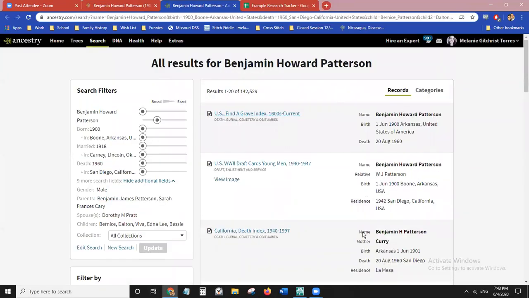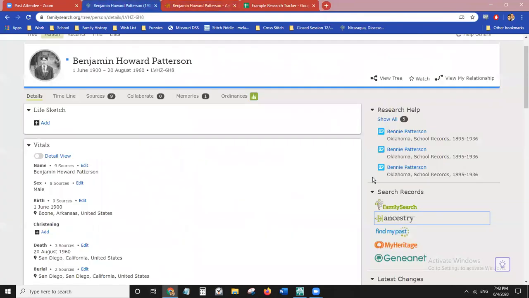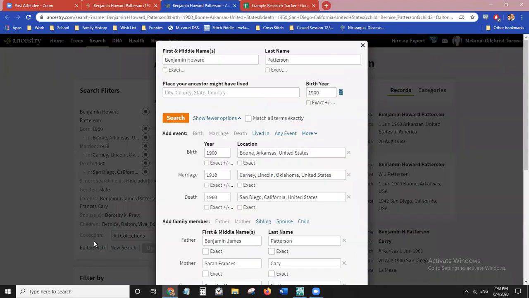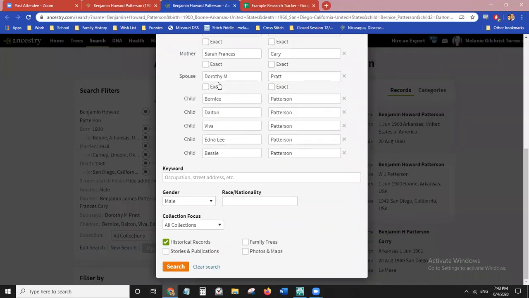But when it searches Ancestry with that search records tool, what I like to do is go to edit search and scroll all the way down. When Ancestry searches with the search records, all it does is search the historical records, and sometimes that's all you want.